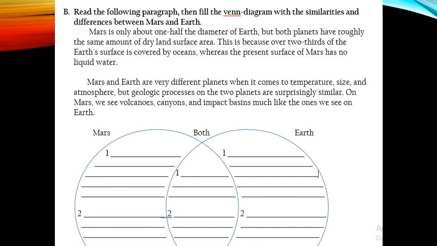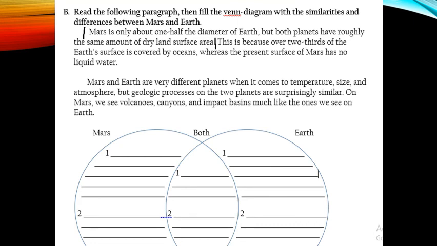Okay, let's take only the first sentence as an example for you, so you do the rest. Mars is only about 1/2 the diameter of Earth. So here I can directly figure out that there is something different between Mars and Earth, which is the size. The size is different. Mars is half the size of Earth. Earth is twice the size of Mars, since I have 1/2 here.